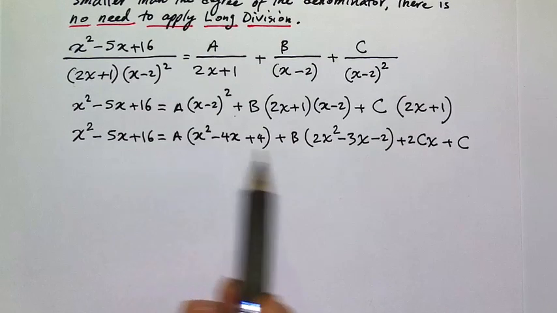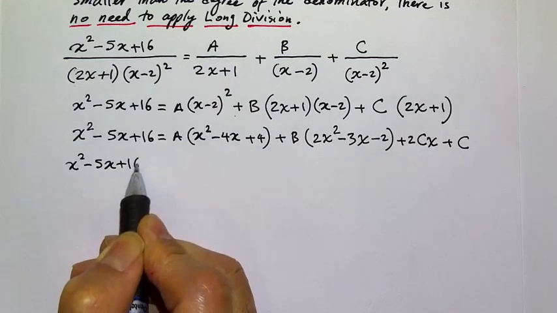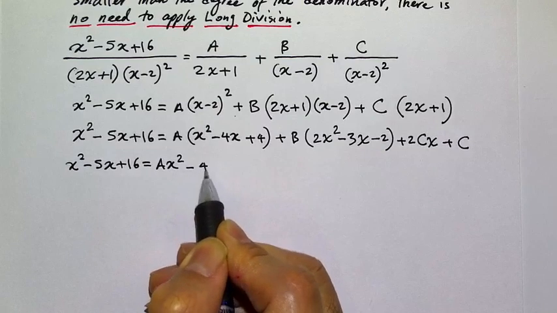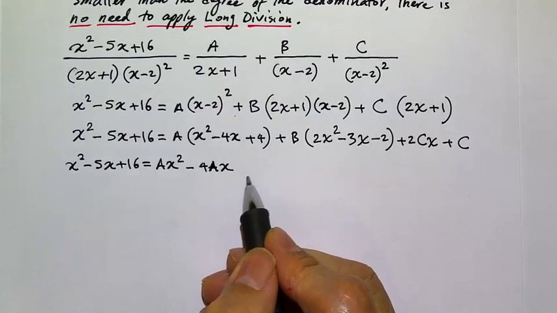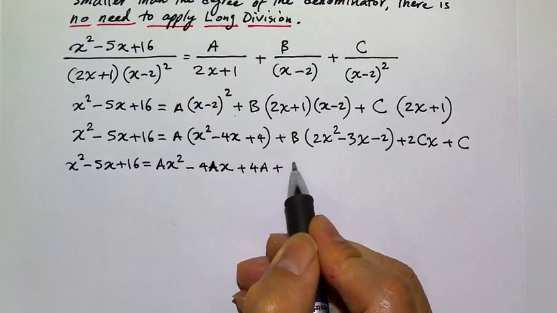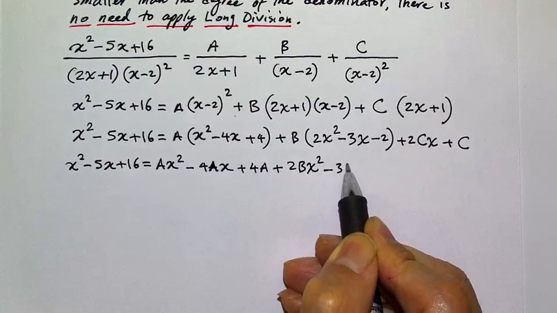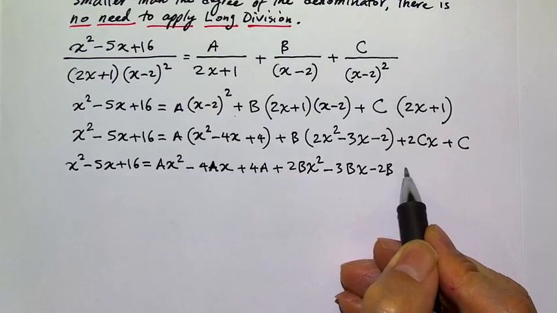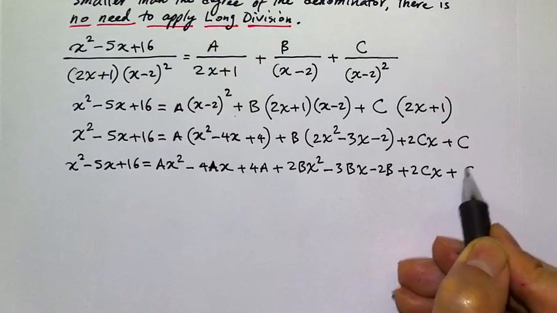So we have to distribute these. Minus 4ax and plus 4a, plus 2bx squared, minus 3bx minus 2b, plus 2cx plus c.